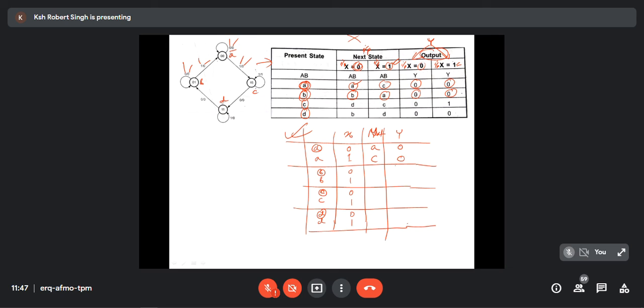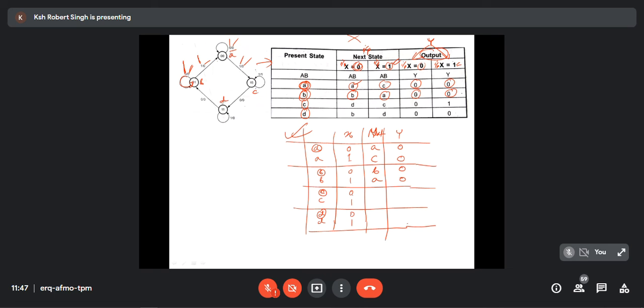From B, when X is 0, it goes to B itself. When input is 0, output also 0. From B, when X is 1, it goes to A. When X is 1, output is 0.